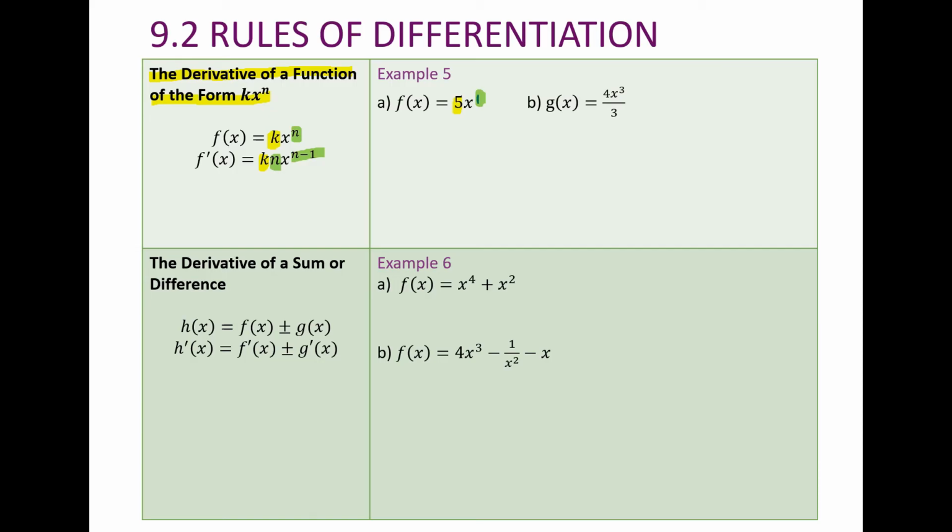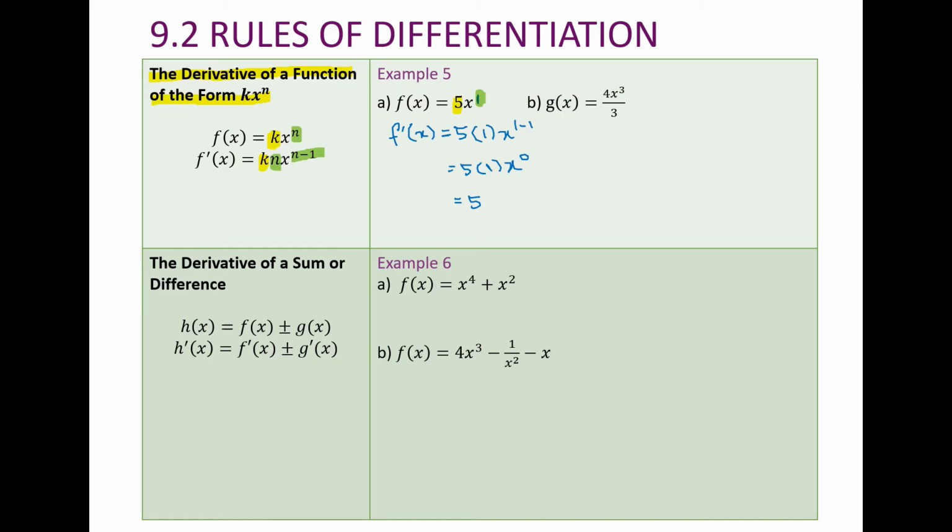Hence, f'(x) is, copy down your constant 5. Now bring power to the front, which is 1, and then you have x to the power of 1 minus 1. So 5 times 1, x to the power of 0, which will give you 5.